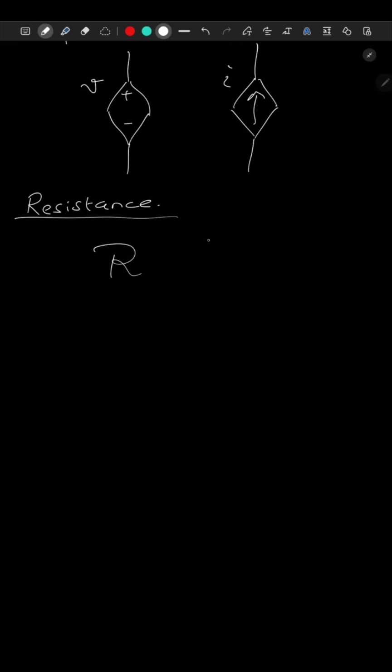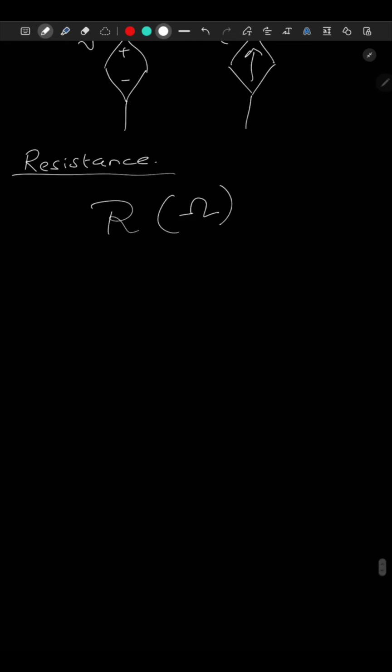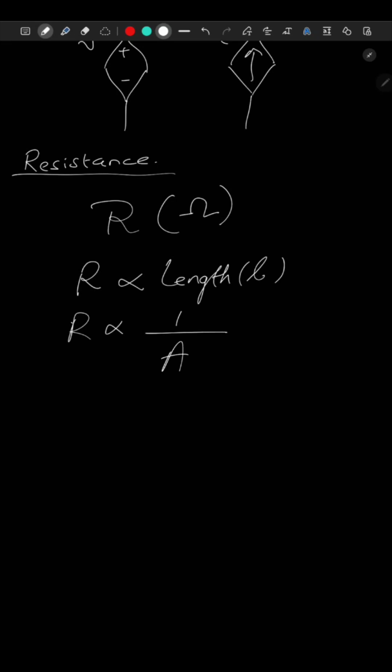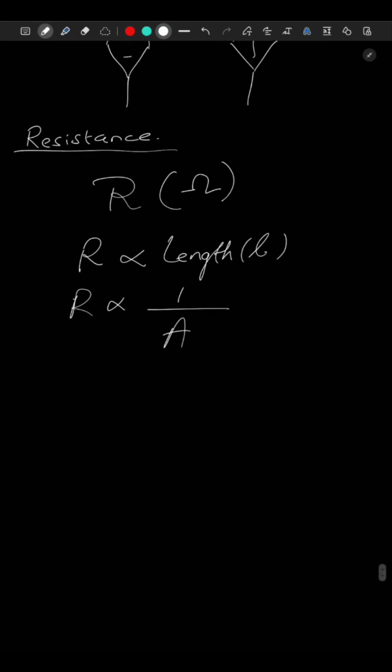the symbol, and the unit is ohm. Therefore, if we want to define a resistance, resistance is proportional to the length, L, and it is inversely proportional to the cross-sectional area, A. The resistance depends on the nature of the material or the sample.